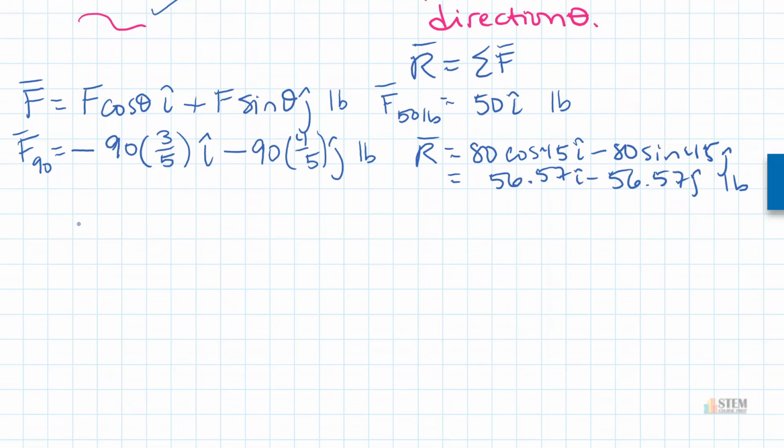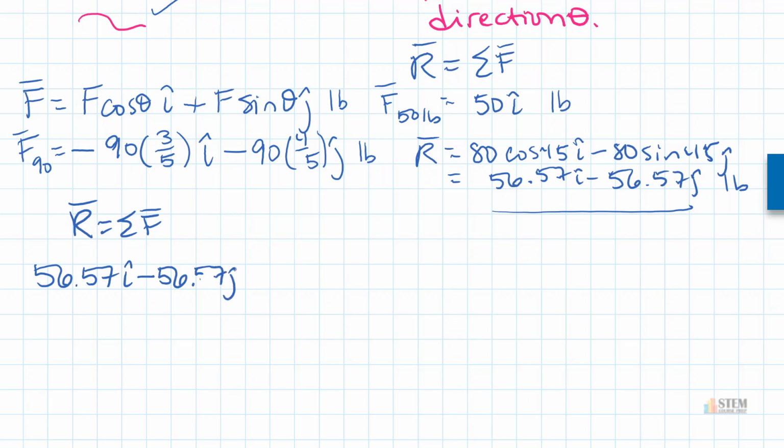And now I know that my resultant force has to equal the sum of the forces. So here's my resultant force, that means 56.57i, whoops, it should be a minus 56.57j. That's going to equal all of these different forces.